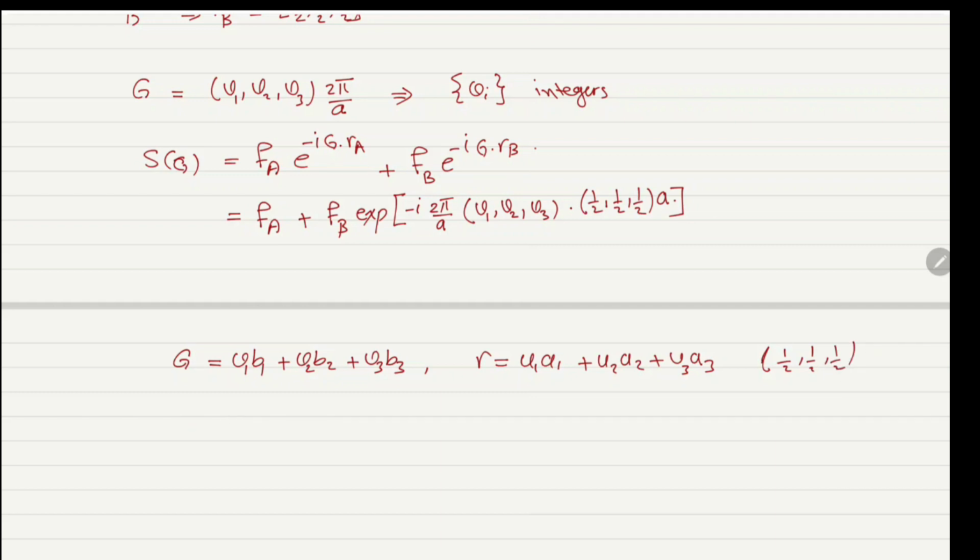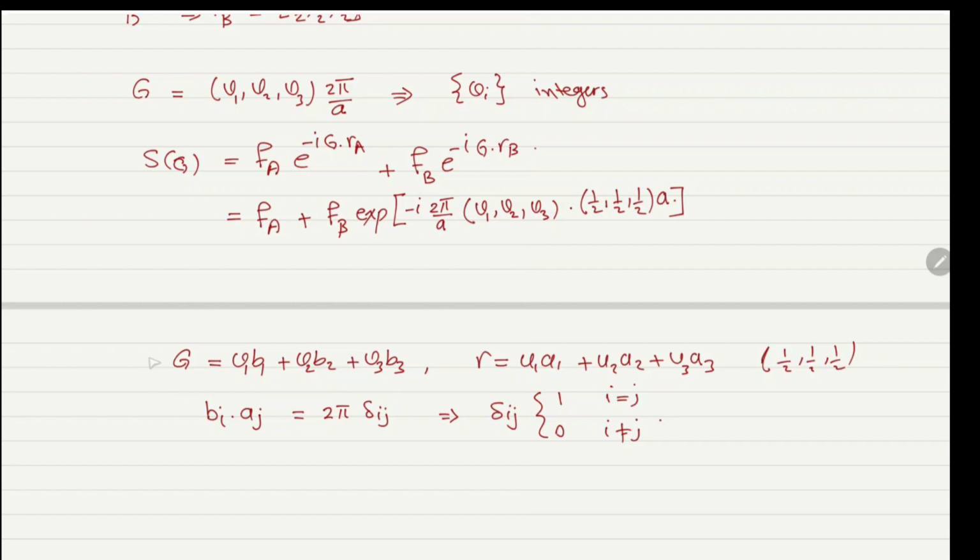And remember the orthogonality condition, b_i dot a_j equals 2 pi delta_ij, in such a way that delta_ij equals 1 when i equals j, and 0 when i is not equal to j.